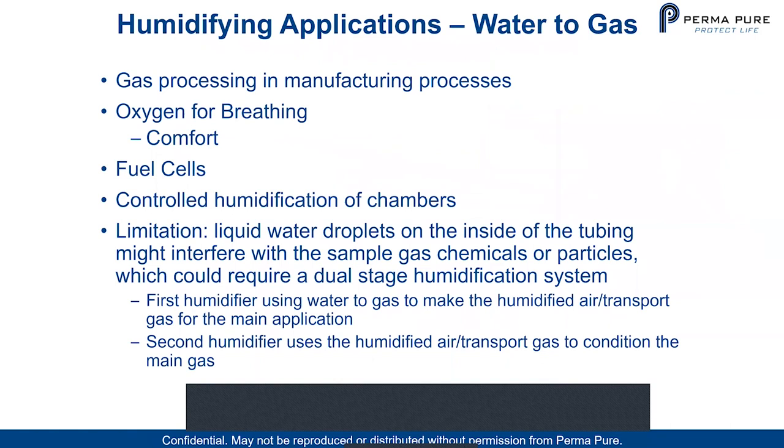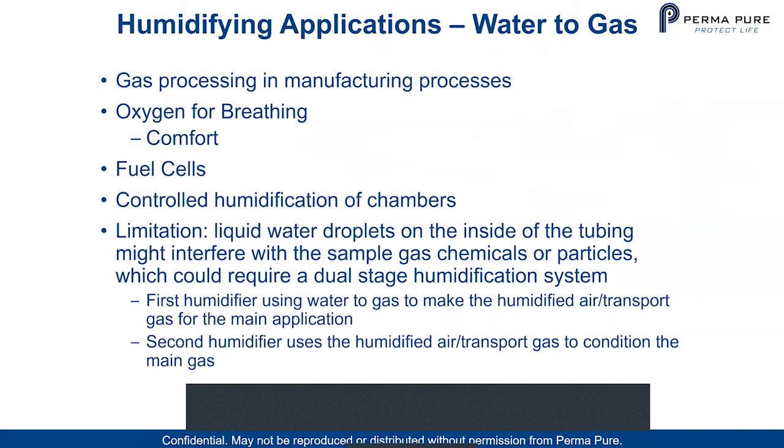So let's look at some humidifying applications for water to gas: processing and manufacturing processes, oxygen for breathing, for comfort. We have some extensive experience with applications there. For fuel cells, controlled humidification of chambers.